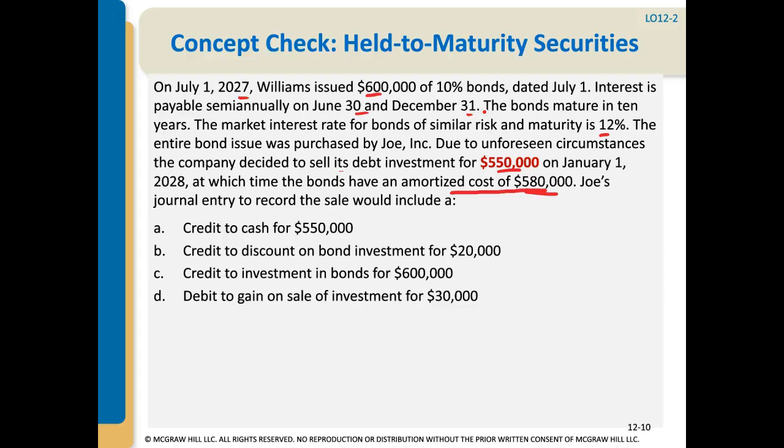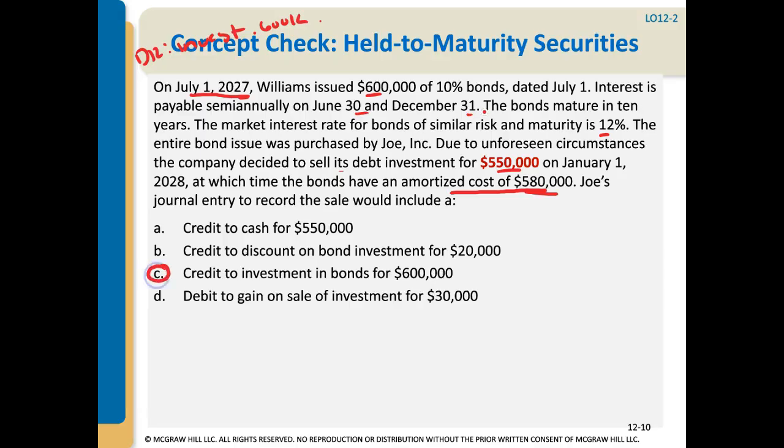Well, when we purchased the bonds, when we recorded the investment on July 1, we would have debited investment for $600,000. So when we sell it, we're going to credit investment for $600,000. So I know that C is going to be my answer.